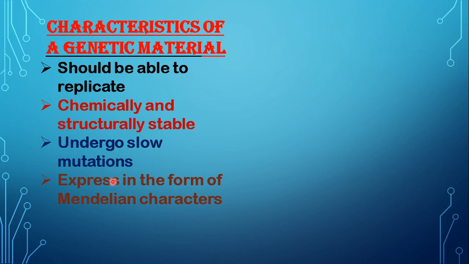So these three criteria are fulfilled by both DNA and RNA, whereas with regard to stability, RNA is found to be less stable than DNA. As such, DNA is the genetic material in most of the higher organisms, RNA being the genetic material only in viruses. Otherwise, it is DNA that is the genetic material, the reason being the stable nature of DNA.